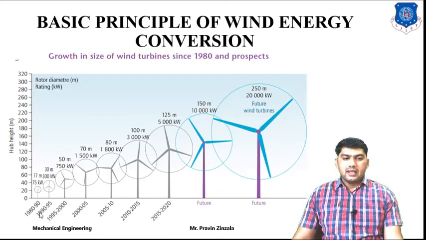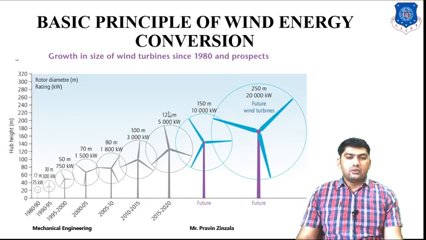Now, from 2015 to 2020, we are installing 125 meter high wind turbines and generating 5000 kilowatt, near 5 megawatt of power. So this is the future wind turbine. By increasing the rotor diameter and height of the hub, we can generate maximum power.